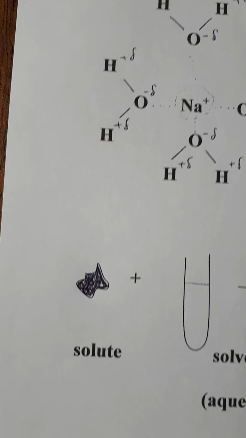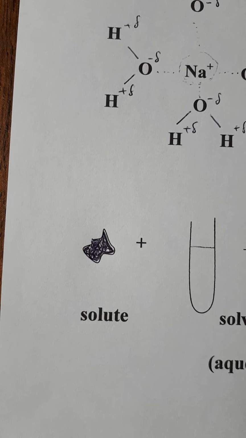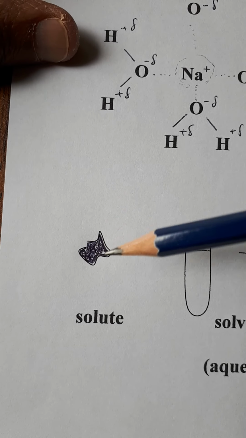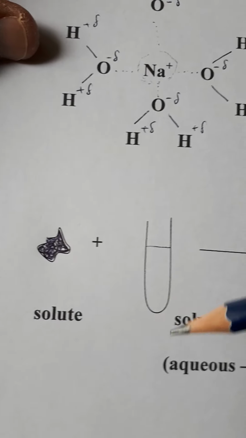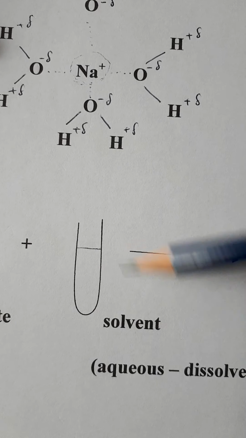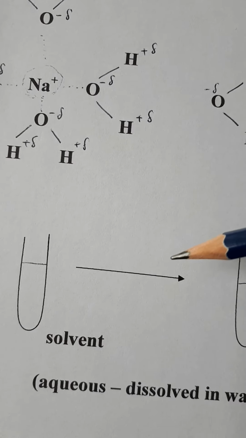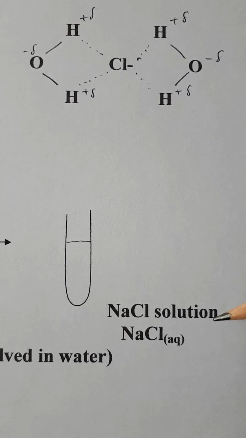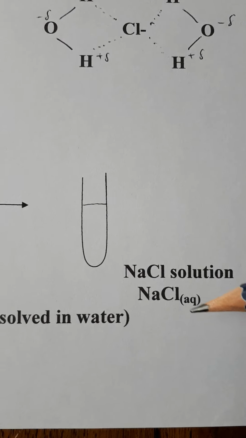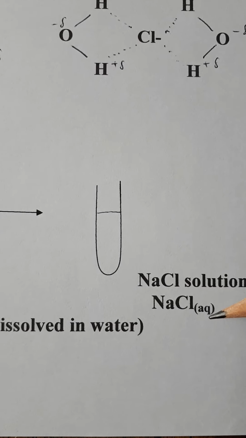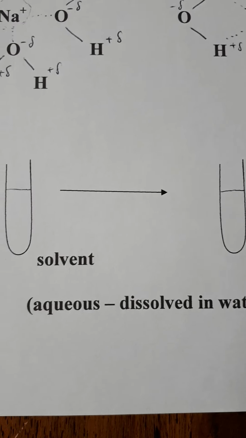When you dissolve something in water, in this case a piece of sodium chloride, we call it the solute. And we call the liquid the solvent. The resulting mixture we call sodium chloride solution, and sometimes it's written NaCl with a subscript aq. Aqueous means dissolved in water.